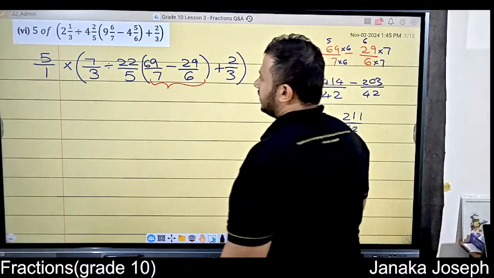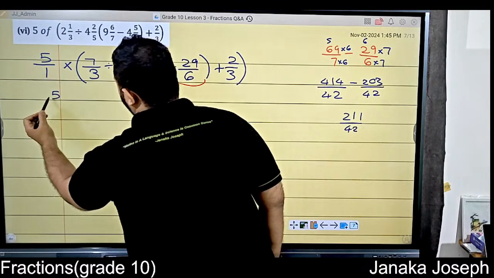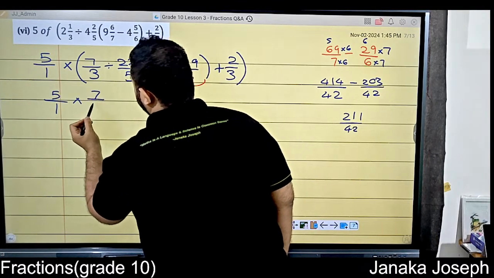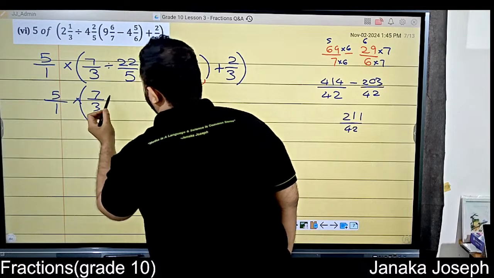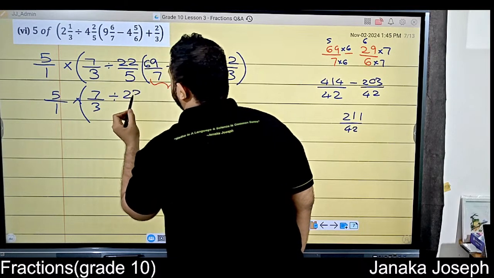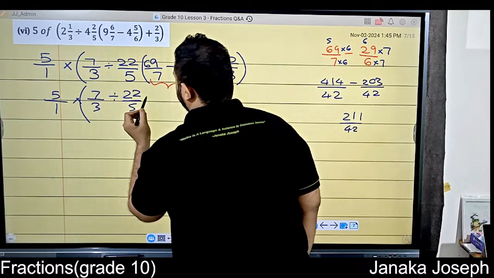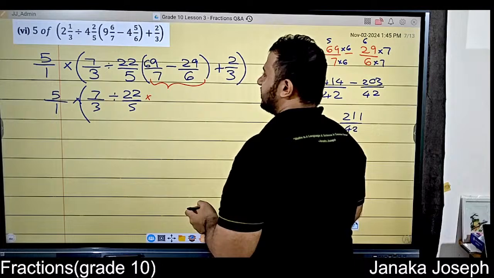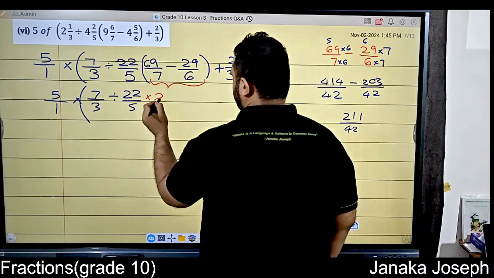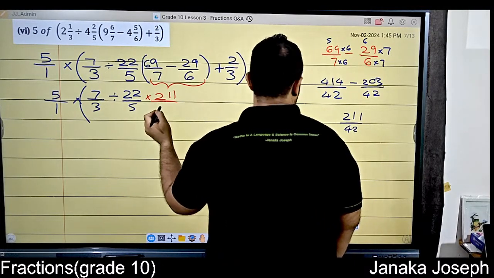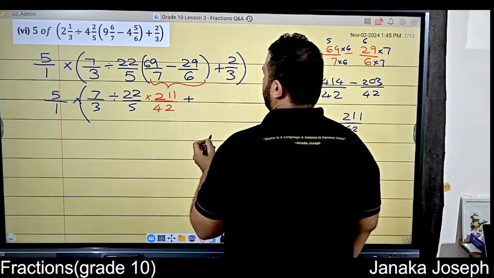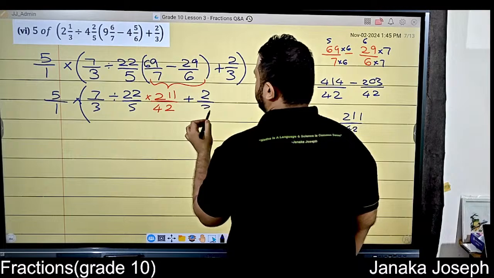So we can rewrite this thing: 5 over 1 times 7 over 3 divided by 22 over 5, that we multiply because there's nothing in between, that means a multiplication, with the 1 and 21 over 42, then add the 2 over 3.